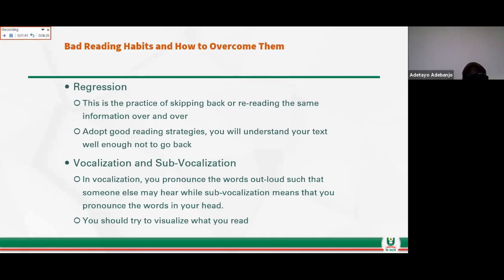But if you don't give your mind, you don't really focus on the reading that you are doing, it becomes another thing. Focalization, I say, or adopt good reading strategy. You understand your text well enough not to go back. If you continue persistent reading, always make sure that you have persistent reading.